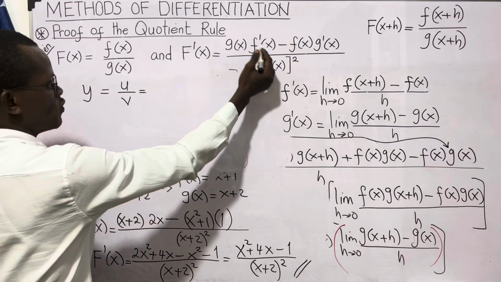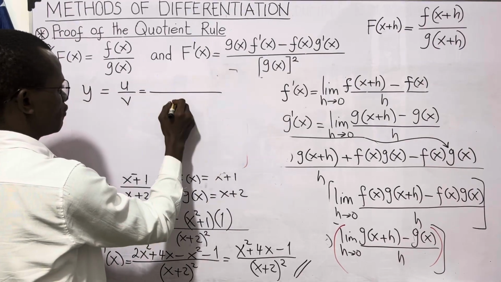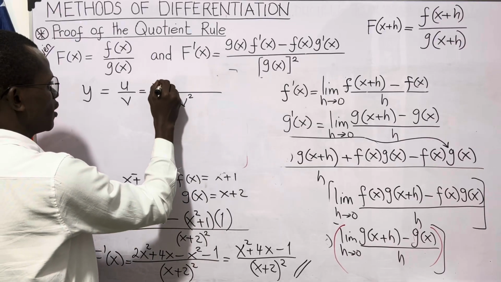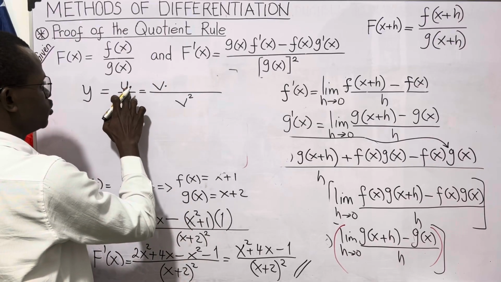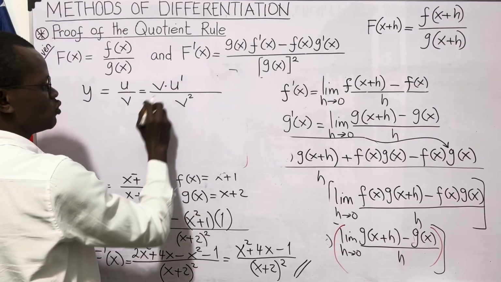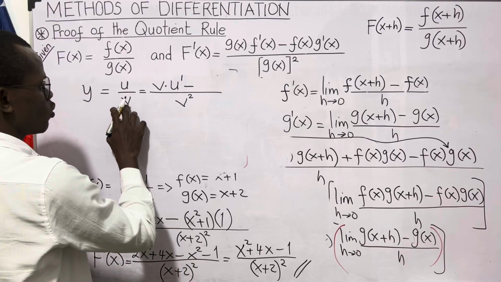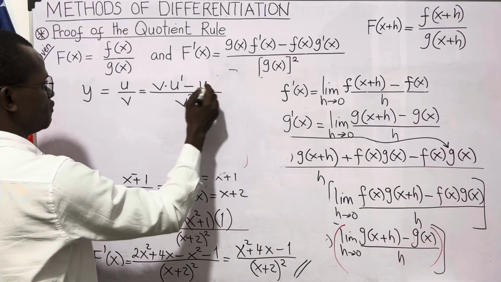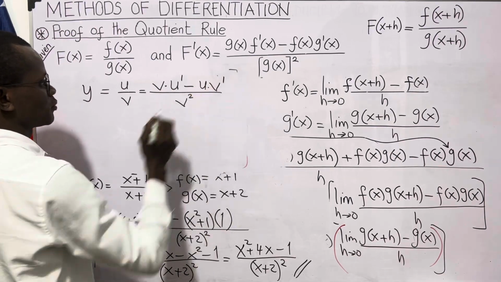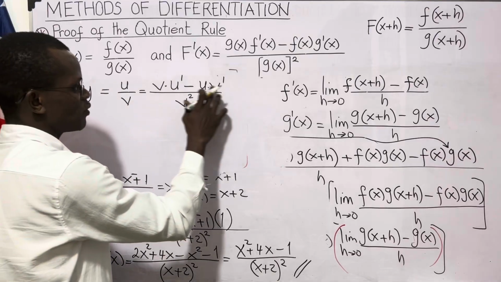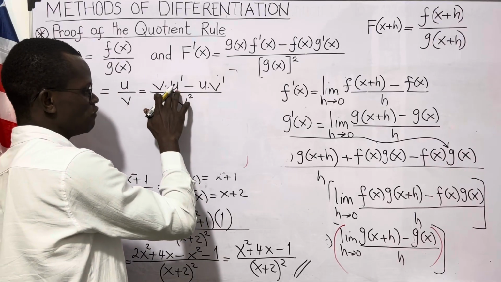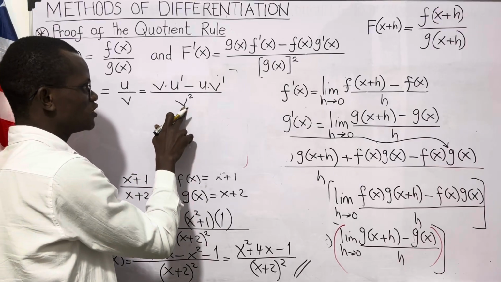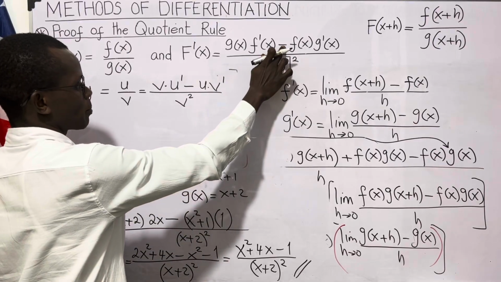So to rewrite in this form, we square our v, v squared. The rule said we should hold v in the numerator and differentiate u. So we have v times u prime, minus we hold u, and then we differentiate v. We get v prime. So just make sure in the numerator that both u and v are differentiated. But always start with v so that you don't get the sign mixed up.